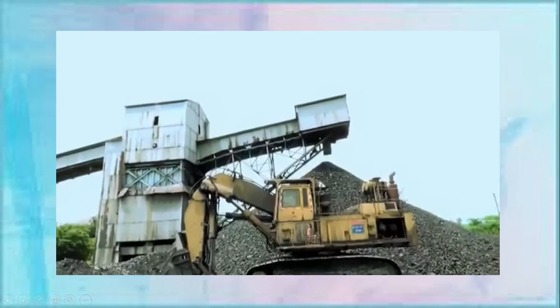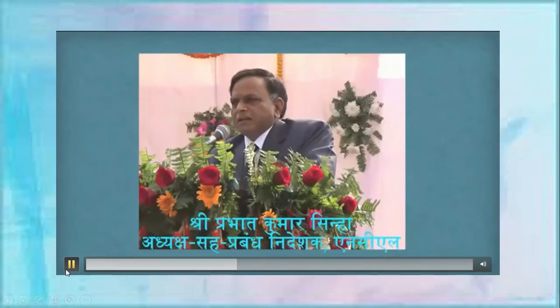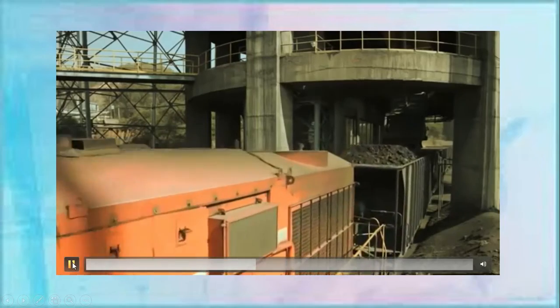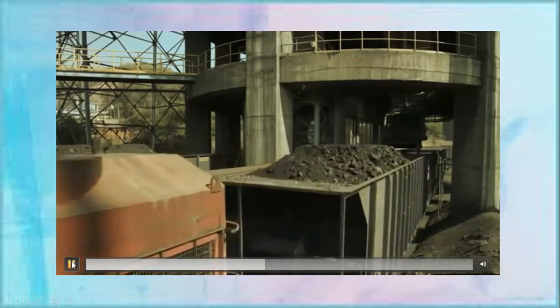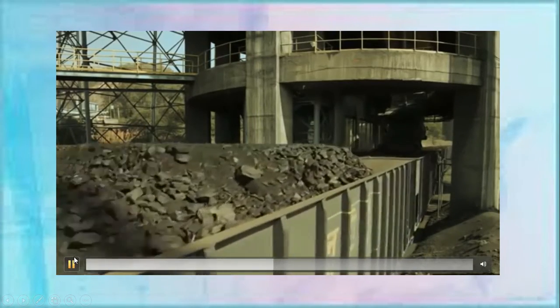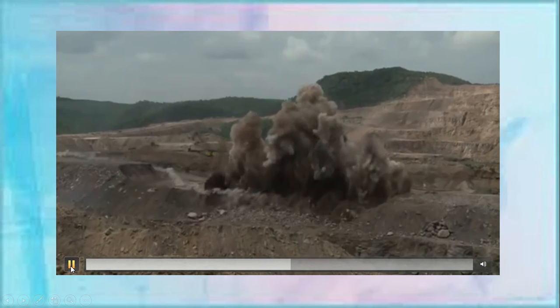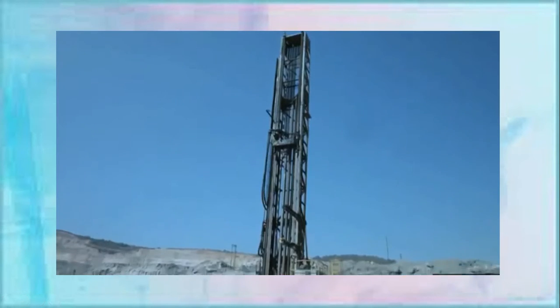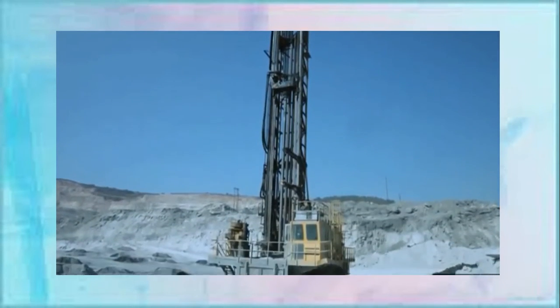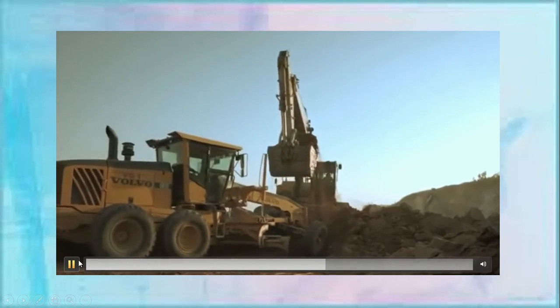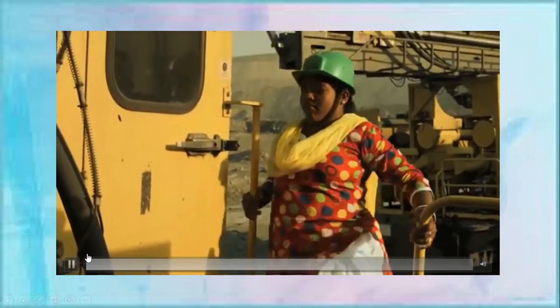It is also a very huge process like copper. These are the steps and the procedure for taking coal from our earth, and coal is one of the major resources when compared to the other resources.